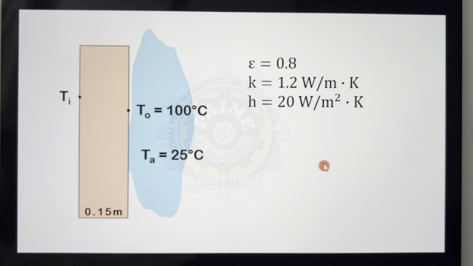So, paano natin makuha yung inside surface temperature ng brick wall? So, para makuha natin yan, kailangan natin ng energy analysis. Okay, so let's take the outer surface ng wall as our system.